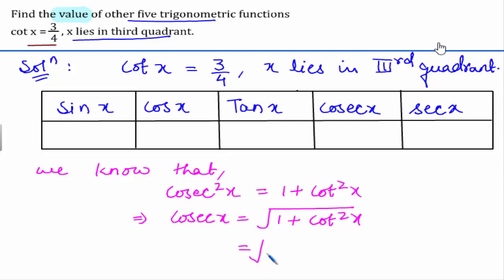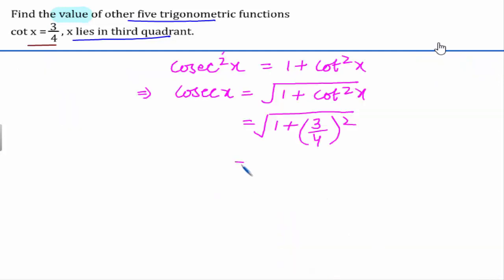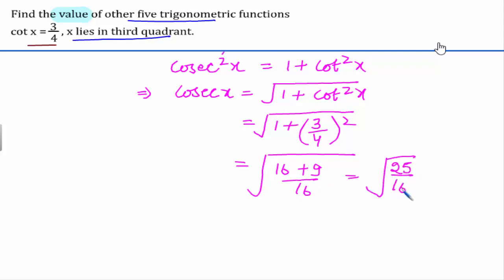So this is equal to square root of 1 plus 3 upon 4 whole square. So this is equal to square root of 16 plus 9 divided by 16, which is equal to square root of 25 divided by 16, and this is equal to 5 by 4. Therefore, cosec x is equal to 5 by 4.